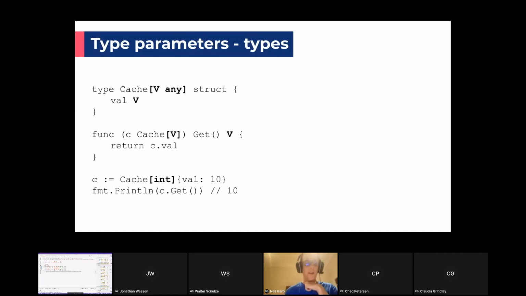Or we could put in io.Writer, and that imposes a constraint on V. V has to be an io.Writer. That's fine if the things that you're going to use on this type are methods, but it doesn't really work if they're numbers, because you can't define methods on numbers. You can subtype the numbers, you can create your own version of an int, myInt, and give it a method, but that's a little bit awkward.